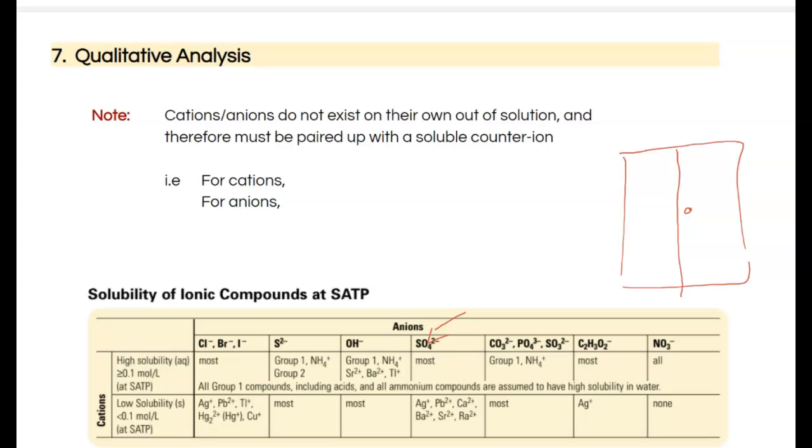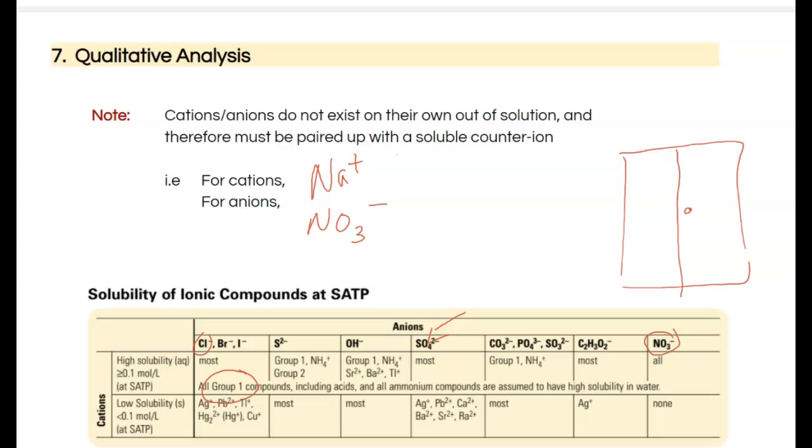If I have a cation, I'm going to want to choose a cation that is always soluble, like a group 1 element. So Na+ is a good counter ion to add, for instance, if you're looking to add some Cl-. For anions, a good one to add would be NaNO3, nitrate, because nitrates are always soluble.